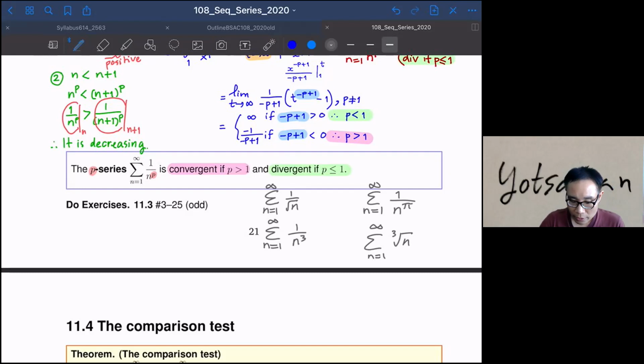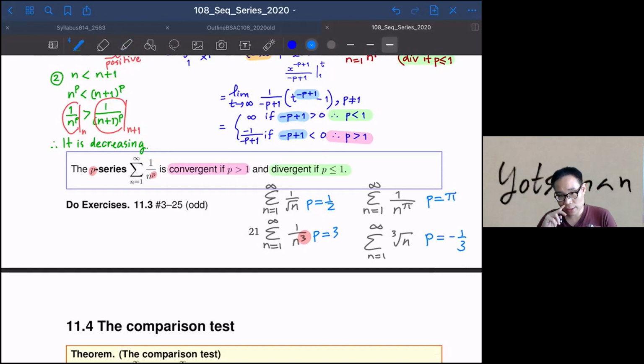You're going to determine convergence or divergence just by identifying p. So here you have p equal to 1/2. p is going to be the parameter that you use to determine convergence or divergence. For this guy, you have p equal to 3. And this guy, you have p equal to pi. And this one you have p equal to negative 1/3.